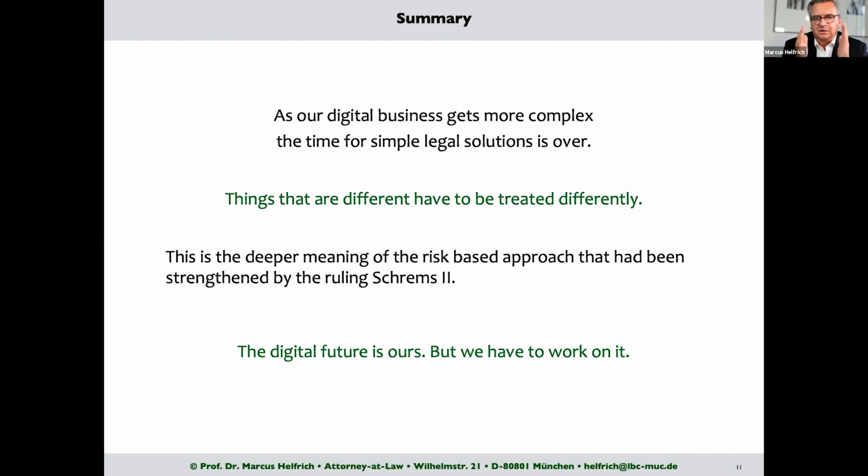But this question is not a completely new question. We do have a similar situation whenever we look at export control or international security and things like that. So our foreign trade relations as a company have to take these aspects into account. So there are similarities between data protection and the risk assessment in the third country and the question, what do we export?